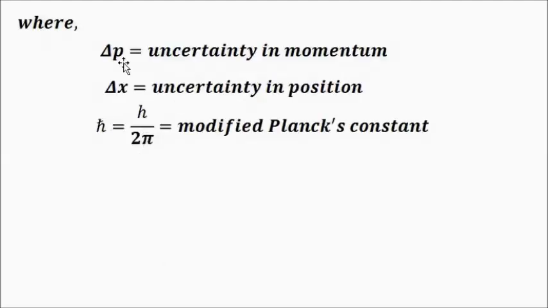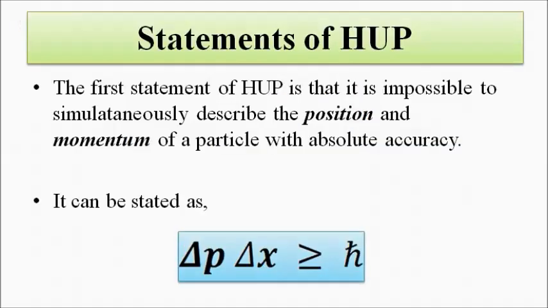So the small change in momentum is called the uncertainty in momentum, and this del x is called the uncertainty in position. So this product is always greater than or equal to this modified Planck's constant, which is h by 2 pi. So this is the first statement which involves position and momentum.